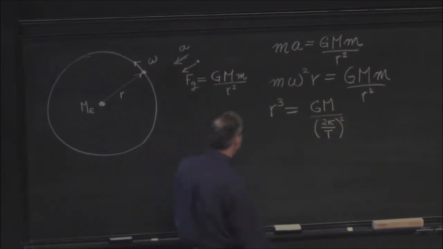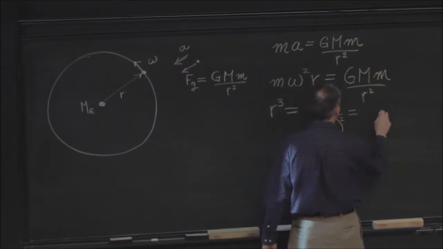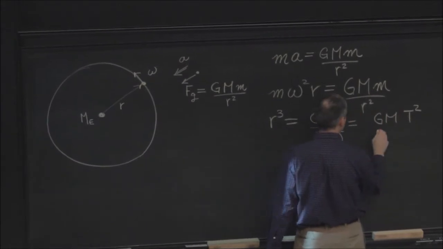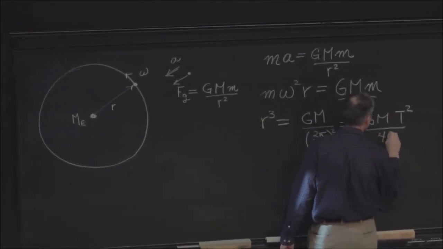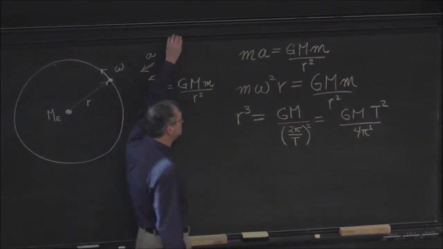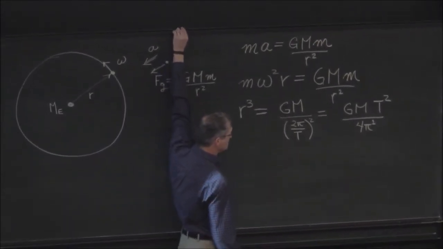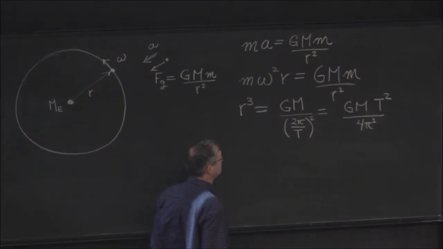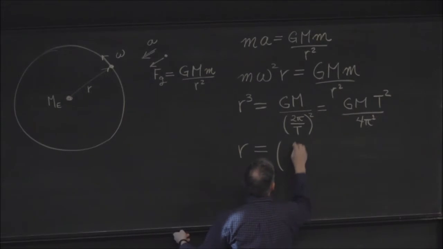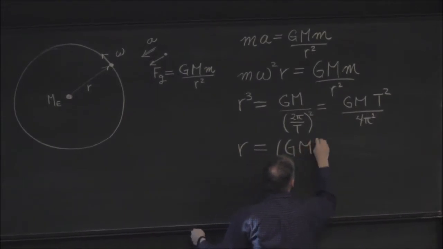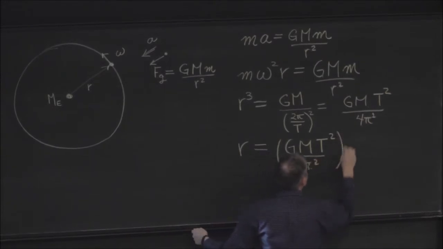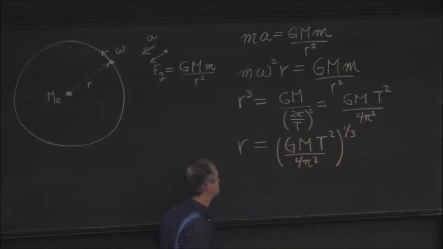So that looks like G M T squared over 4 pi squared. I should take a cube root, so the actual radius will be G M T squared over 4 pi squared, raised to the 1/3 power.